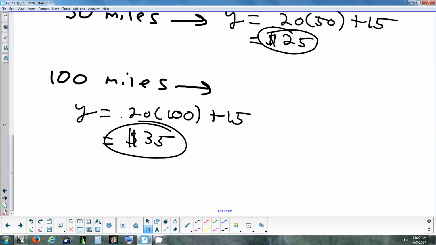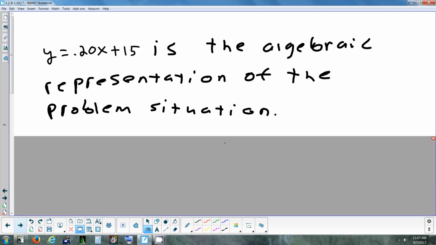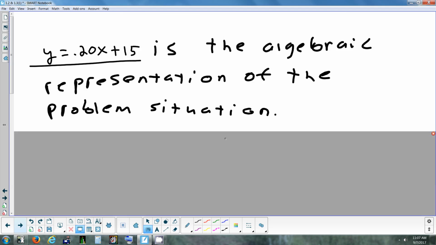So in both those cases, we plugged in a number for x, and we found y. Okay. That equation right there, that's what we call the algebraic representation for our problem. If you were to just tell somebody that equation, y equals 0.2x plus 15, they would have no idea that it's about a rental car problem, and that you pay 20 cents a mile and a $15 fee on top of that.